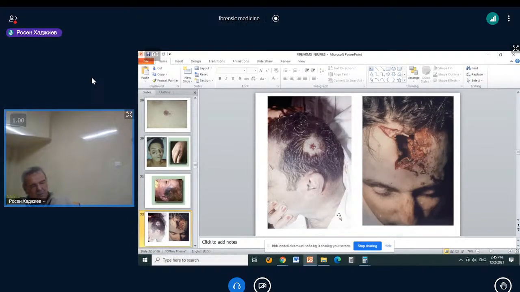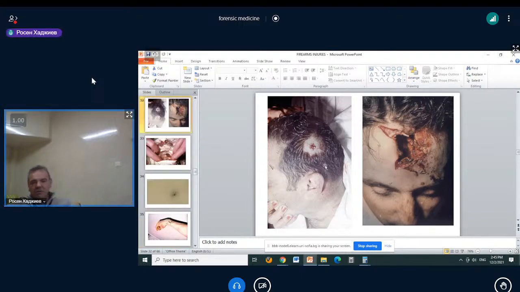They are different injuries. This wound is the entrance wound. When the wound is in the scalp, we can shave the hair just to have a better presentation of the entrance wound.